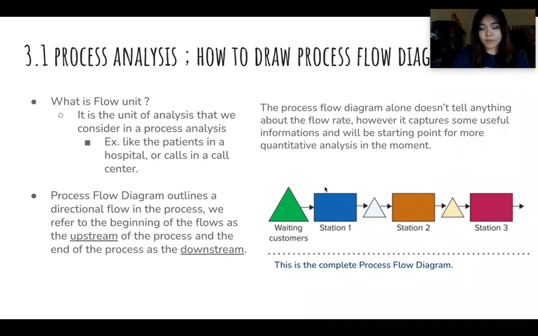This figure here is the completed process flow diagram. This green triangle is the waiting customers in a Subway restaurant, like in the previous figure.